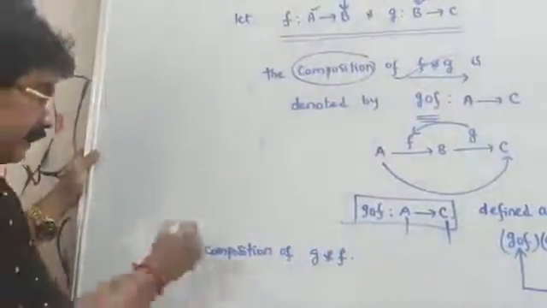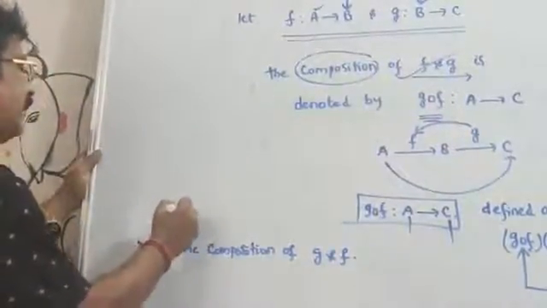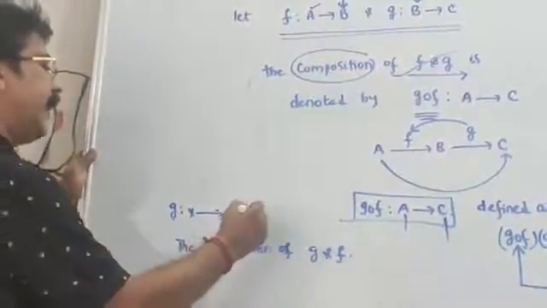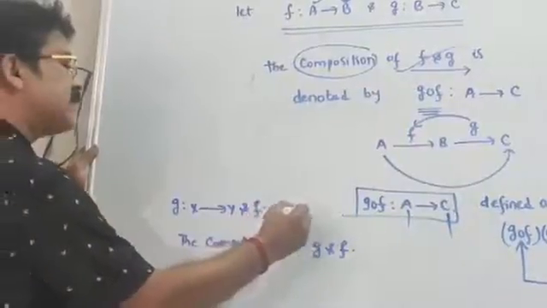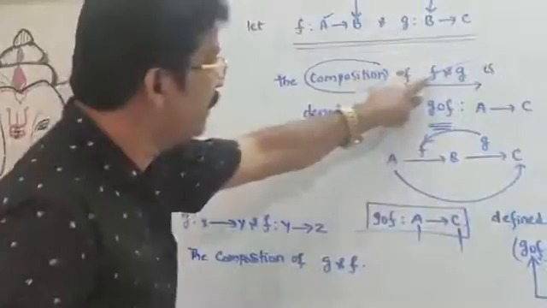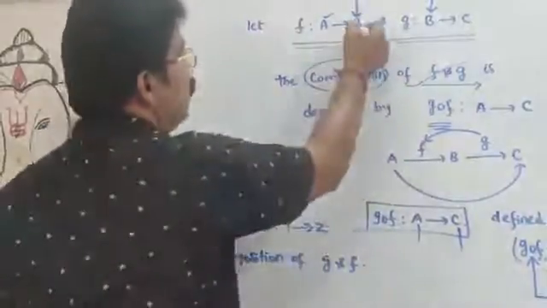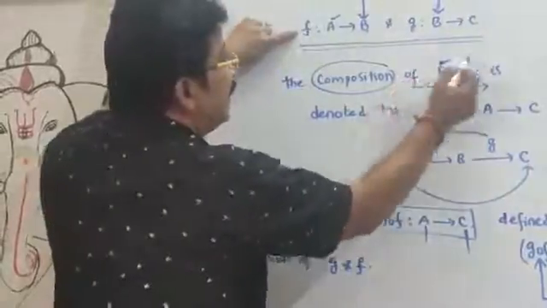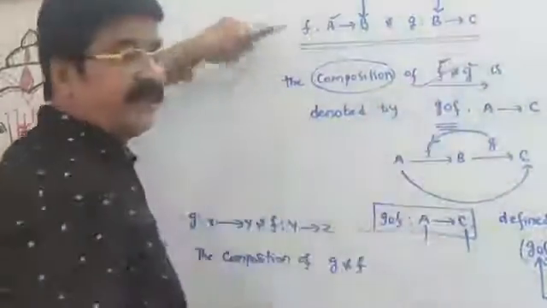One minute. Before that we have to define G from capital X to capital Y and F from Y to Z. Already I said, for the composition of F and G, the codomain of the first function is the same as the domain of the second function.